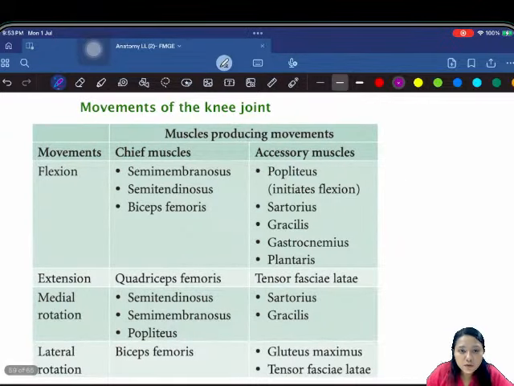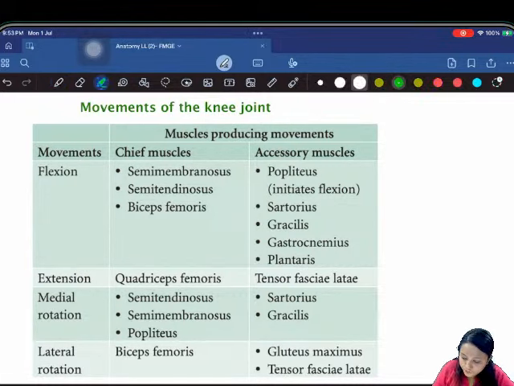Okay. Now, what are the main movements of the knee joint? So, flexion of the knee joint. I already told you that there is a group of muscles which are your chief muscles, and there is another group of muscles that are helpers. Those are accessory muscles. Okay. So, chief muscles are your semimembranosus, semitendinosus, and biceps femoris.